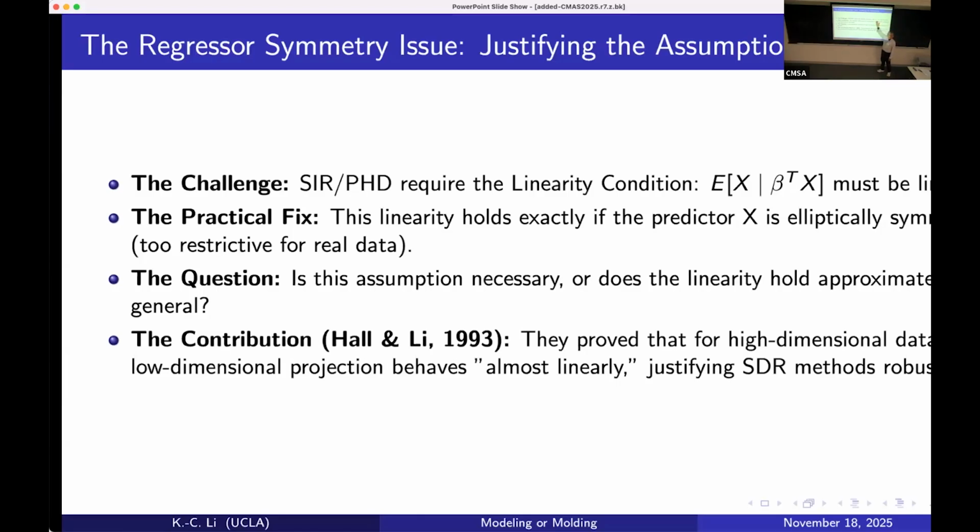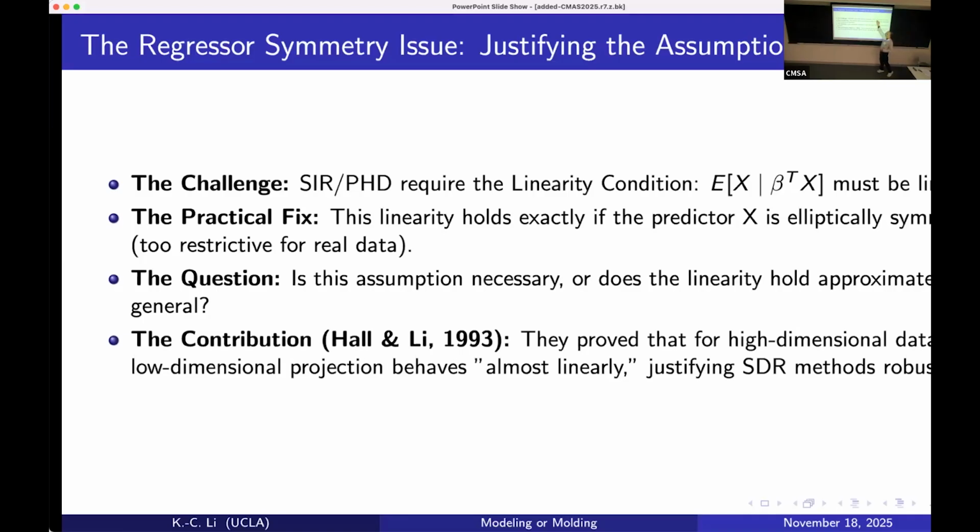I do not know what the beta is, it could be anything. So I was visiting Peter Hall, and we spent a nice time there, and eventually we justified that this is not a big assumption. In fact, if the dimension of X is big, and you're looking at high dimensional projections onto low dimensional directions, then beautiful things come out.